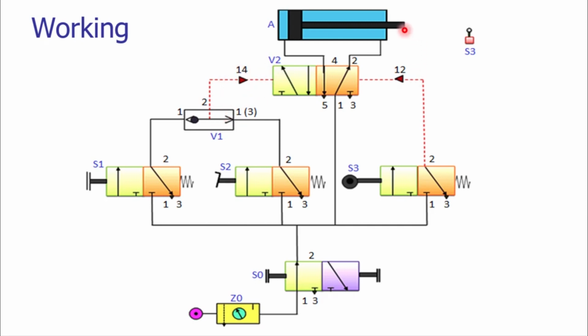When the piston rod ramps on the roller, that roller lever valve will be actuated. As you can see here, the roller lever valve will be actuated.